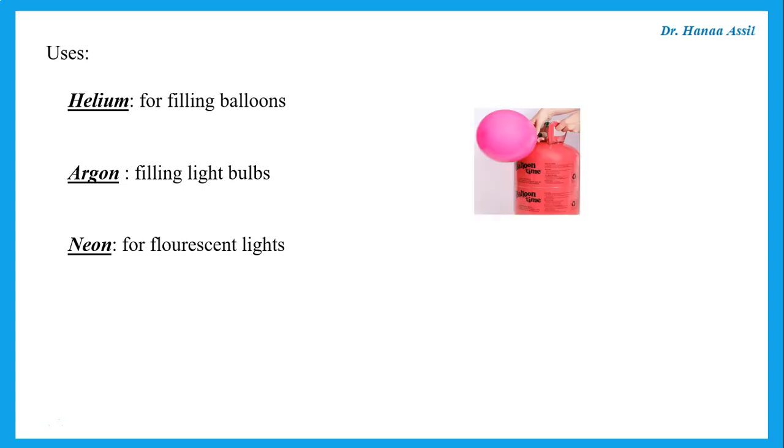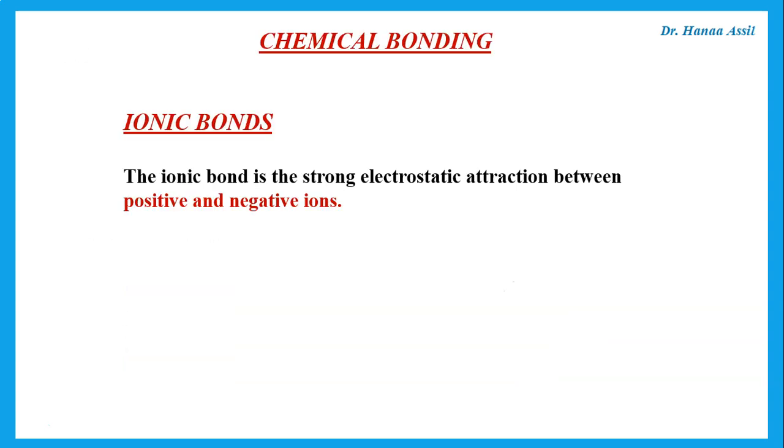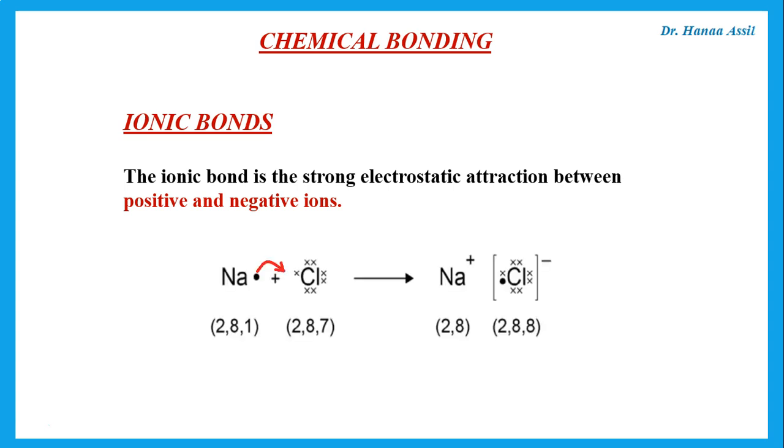What do we use helium for? For filling balloons. Argon for filling light bulbs. Neon for fluorescent lights. Okay, let's talk about bonding. Ionic bonds are the strong attraction forces between positive and negative ions.